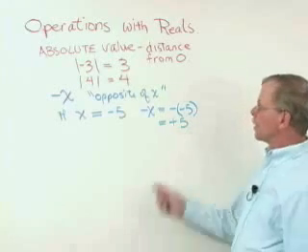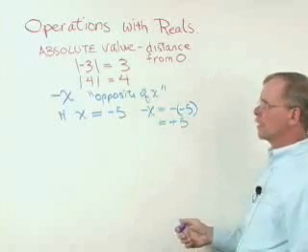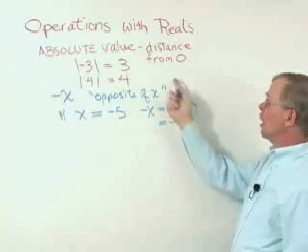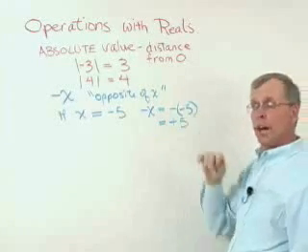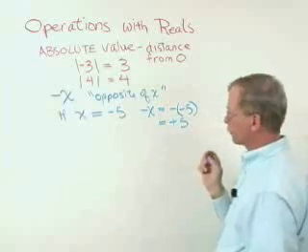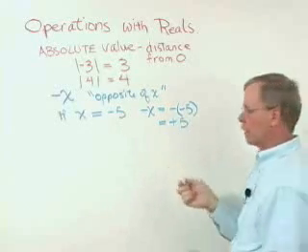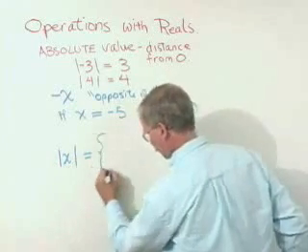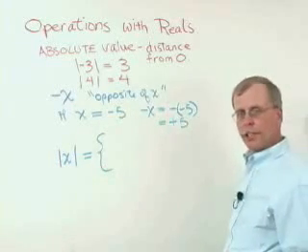Okay? Now, when we combine these two ideas, we can get a more algebraic definition of absolute value. We don't have to rely on our number line definition. We can actually involve ourselves in an absolute value definition that uses algebra. And there are two conditions.